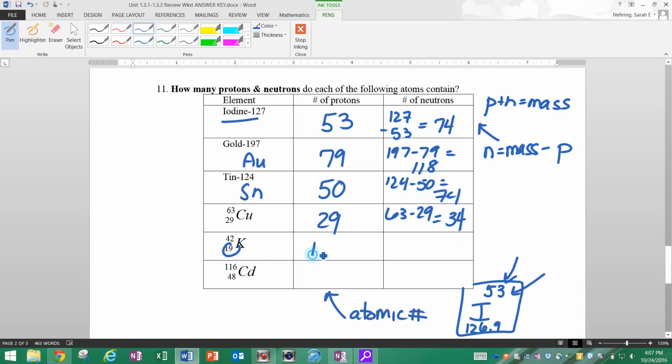Potassium, 19 protons, and what would that be? 23 neutrons. And cadmium, 48 protons, and then 116 minus 48 is 68 neutrons. So this is several variations of the same type of problem.